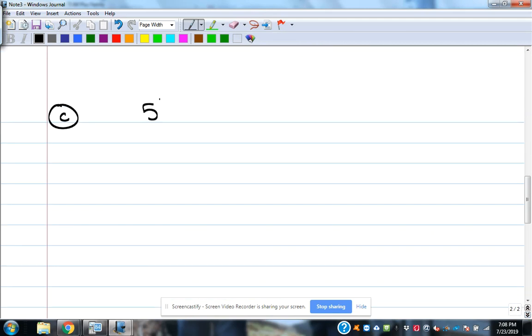Let's say we had 5 to the 2x minus 3 equals, let's just do 8 to start with, and then we'll get one that's even more difficult than this. Okay, so this one has a little bit more complicated exponent.